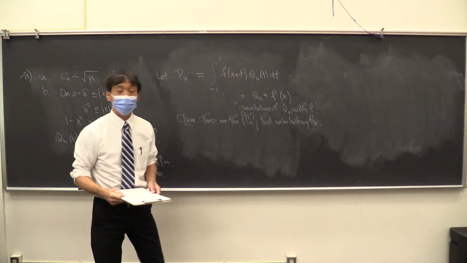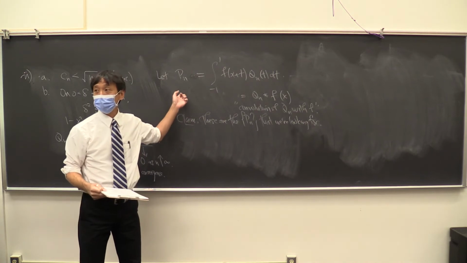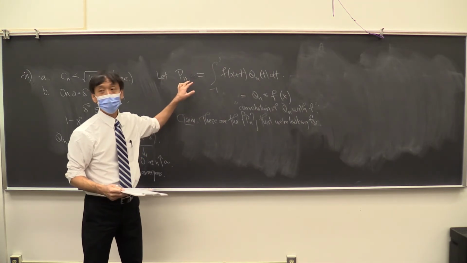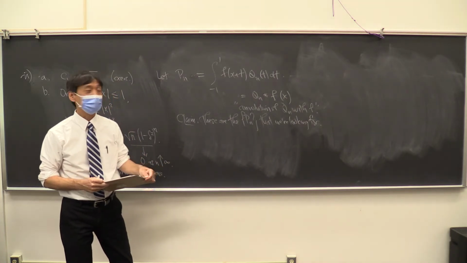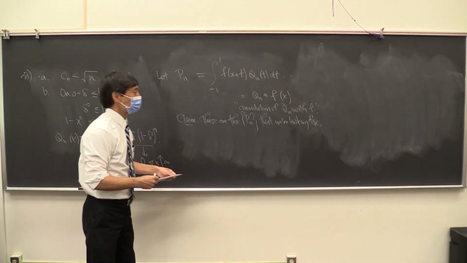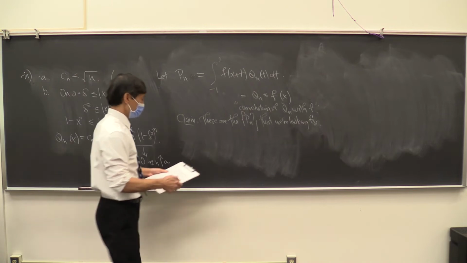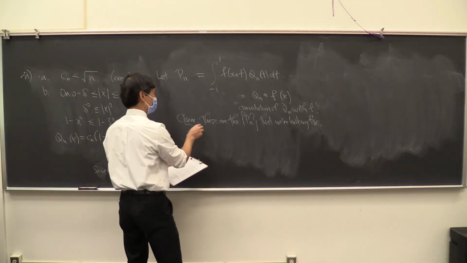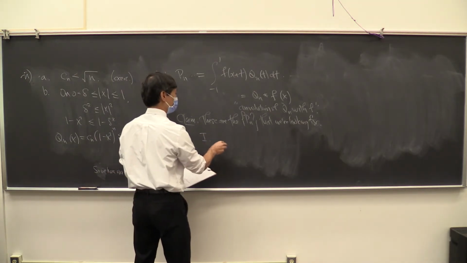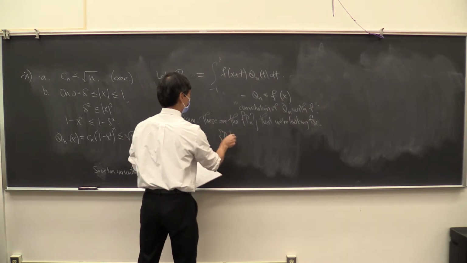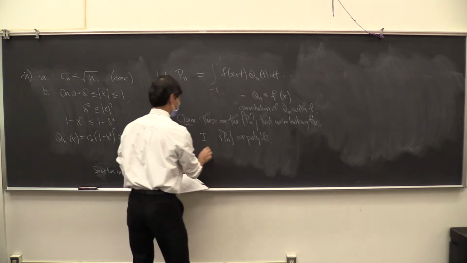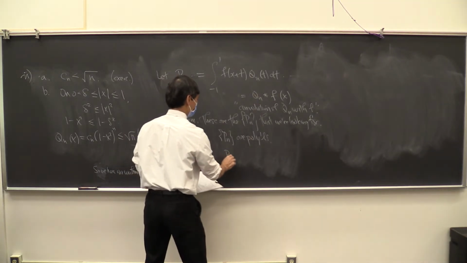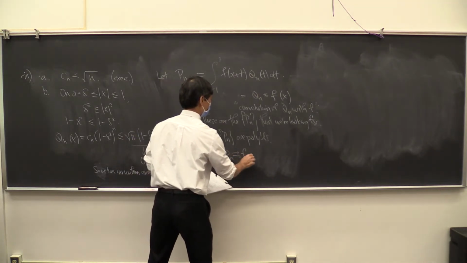We wanted to construct a bunch of polynomials that converge uniformly to f, and this is them. So there's two parts to this claim. The first is that these p sub n actually are polynomials, and the second claim is that the p sub n actually converge to f uniformly.